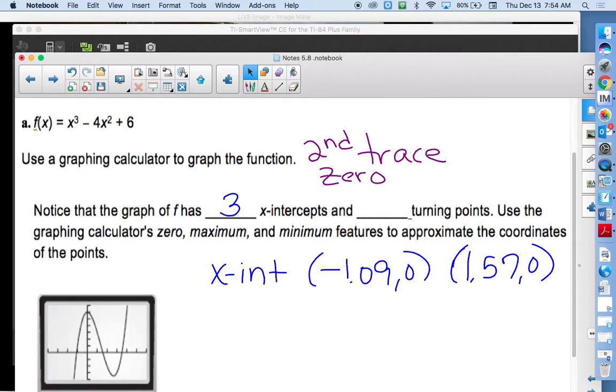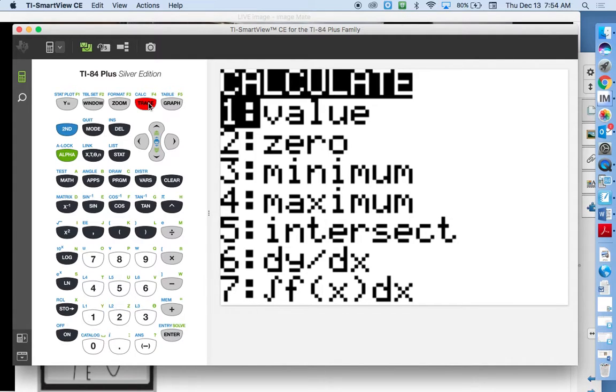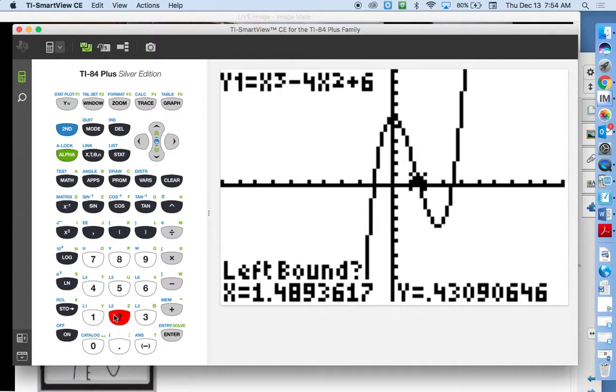So we're going to do that one more time so that we get 3 x-intercepts. So back to second trace. We're finding the 0, because a 0 is an x-intercept. It is a solution. It can be a factor. And looking at the x-intercept, pick 2 numbers, one that's to the left and one that's to the right.